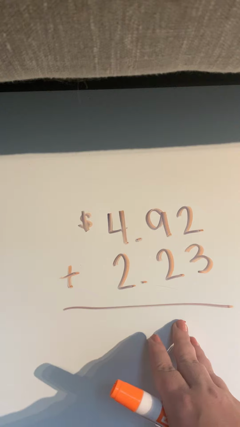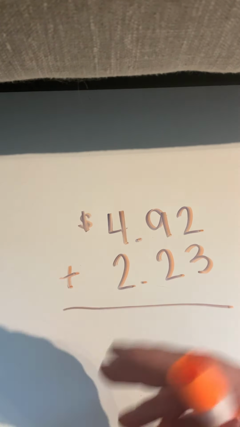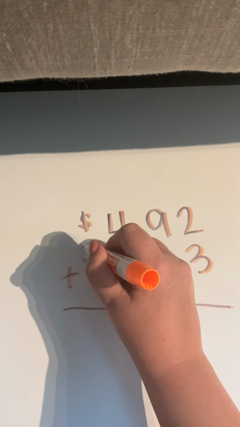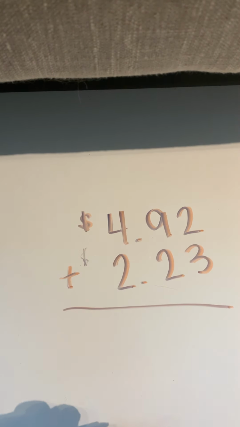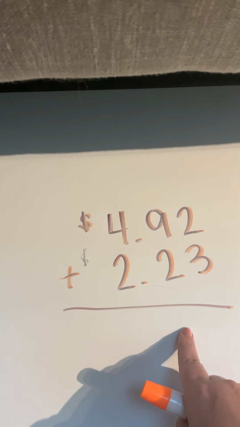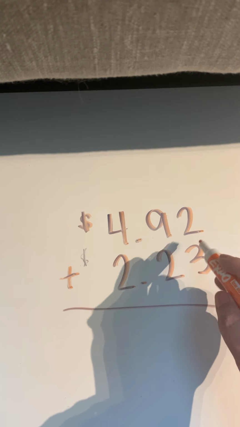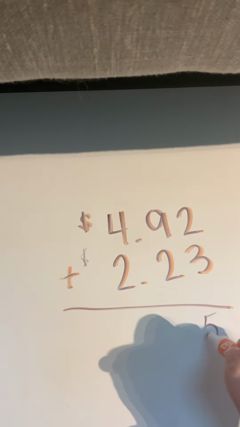What I'm going to do first is show you how to solve this, which we did do adding and subtracting decimals last year in 4th grade. So this part's a little bit of a review, and then we're going to be looking at estimation. I'm going to add up my actual total of my apples and my milk. I'm going to add up my hundredths. So I would have a 5 here.